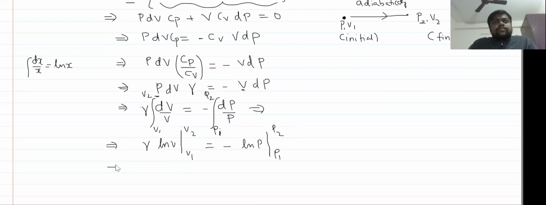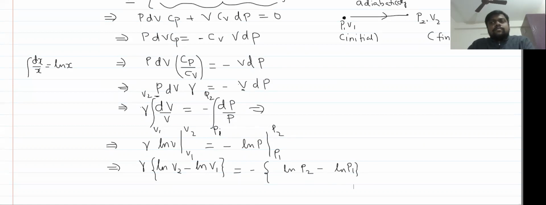Now when you substitute V1 and V2 here, you will get gamma ln V2 minus ln V1. First we will put the upper limit, then the lower limit. Then here we will be getting ln P2 minus ln P1.